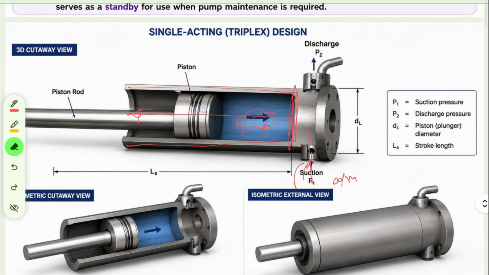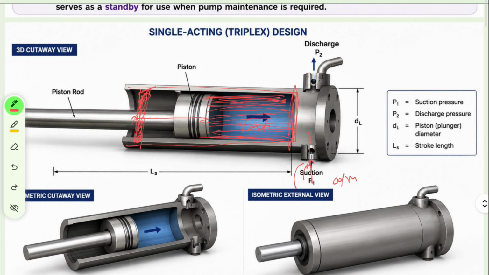Over a period of time the piston continuously goes backward, and all the fluid will cover this piston cylinder volume, right?